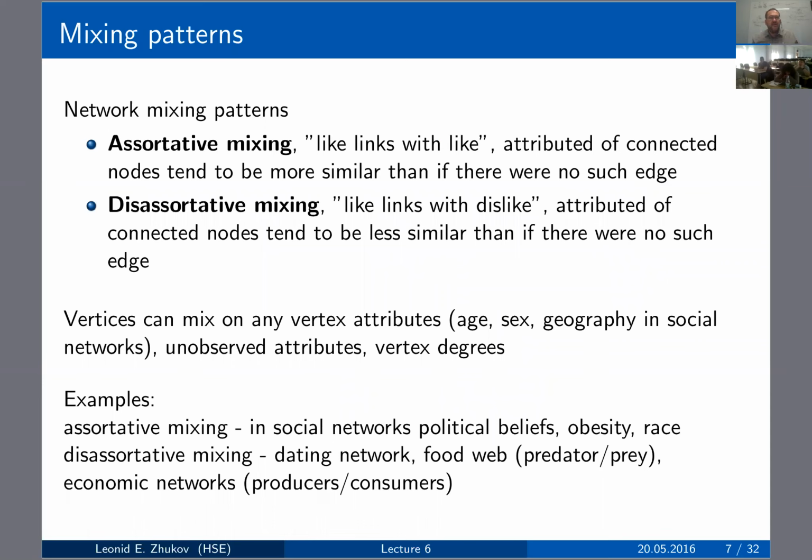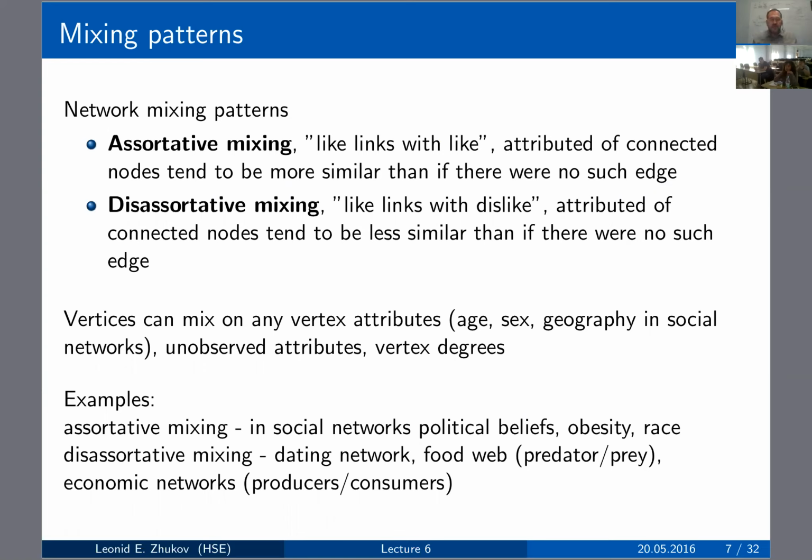This situation is described by this notion of mixing. Another example, more of a social example: if you have friendships, are people of the same income friends, or do you more often see rich people being friends with poor people?